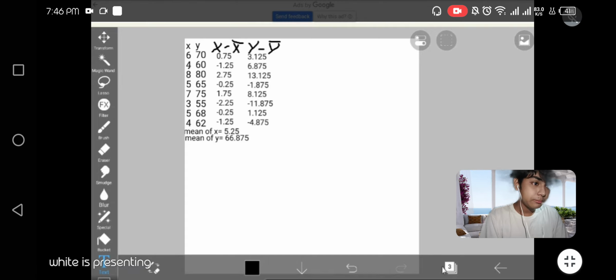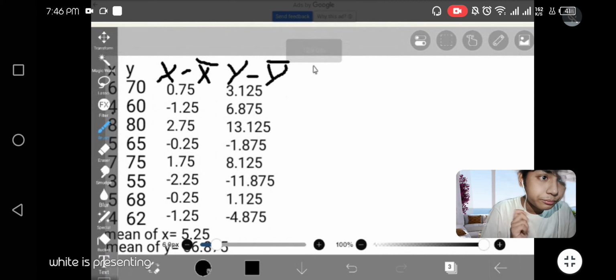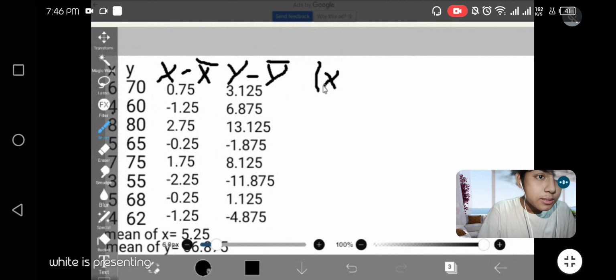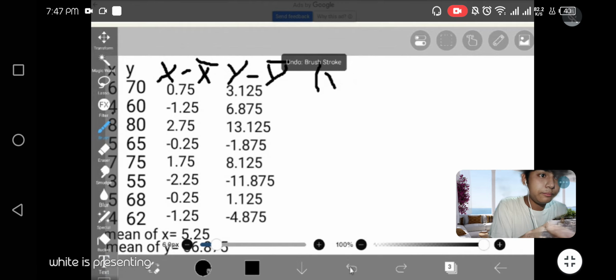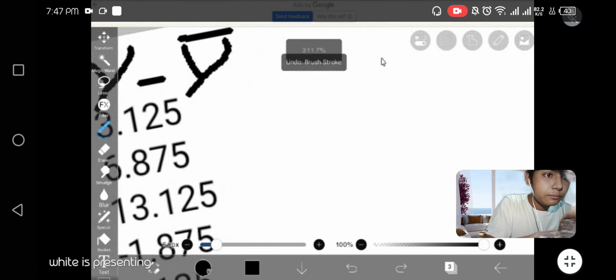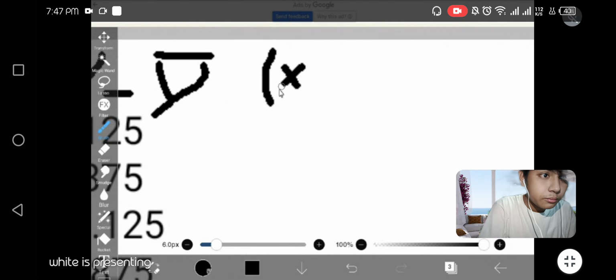Balik tayo doon. Wait, let's make space for x minus x bar and y minus y bar. Para may space pa yan.